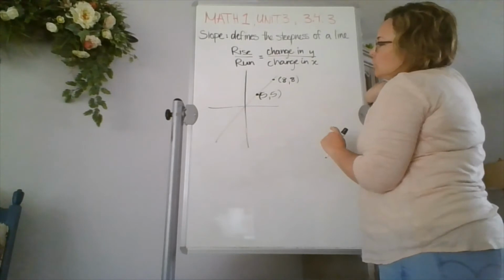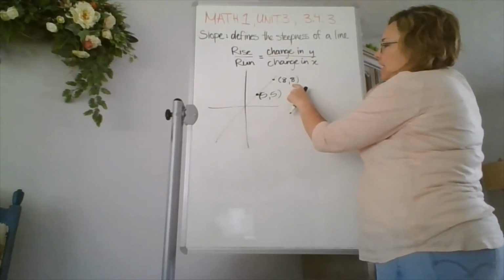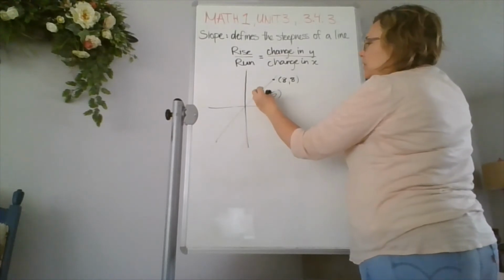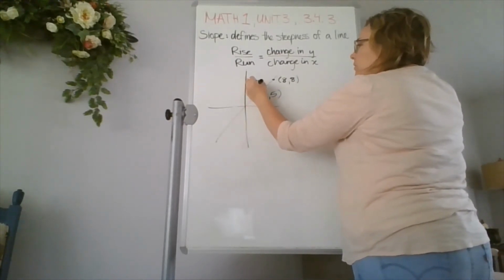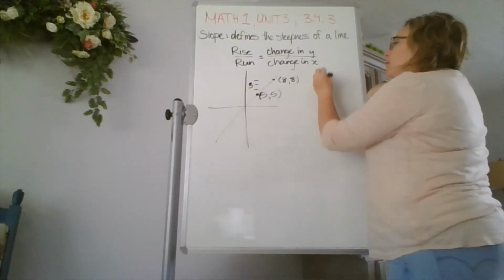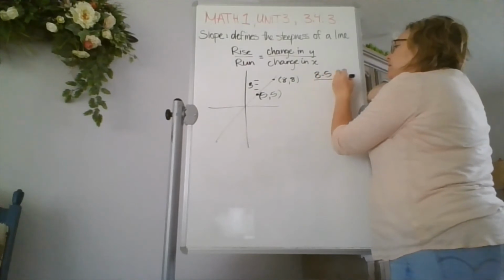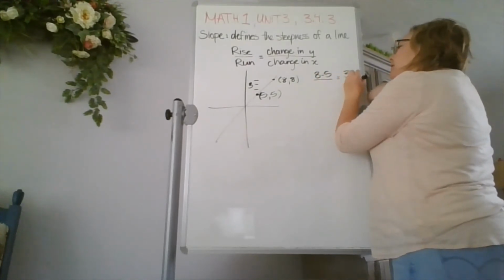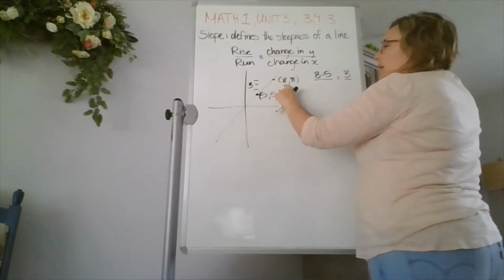Okay, so we're going to find our slope. We're going to look for the change in y. So our y values go from 5 to 8. What is that change? We could count up 6, 7, 8, and that was 3 counts up. Or we could have said 8 minus 5, and that would be 3. Now we're going to find our change in x's.